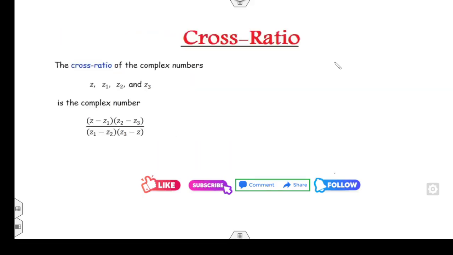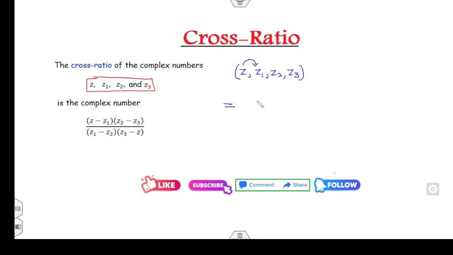Now, what is the cross ratio? In order to define the cross ratio, you always need 4 complex numbers: z, z1, z2 and z3. How can you define the cross ratio?